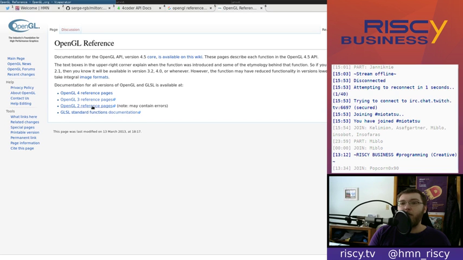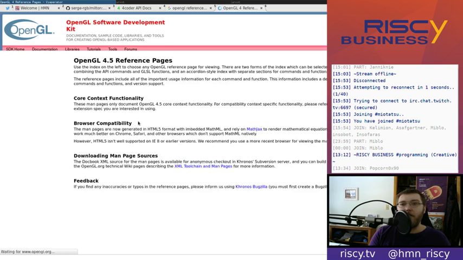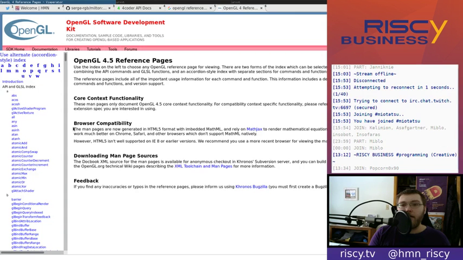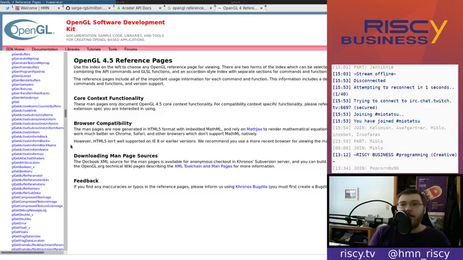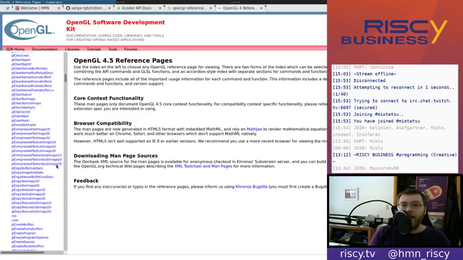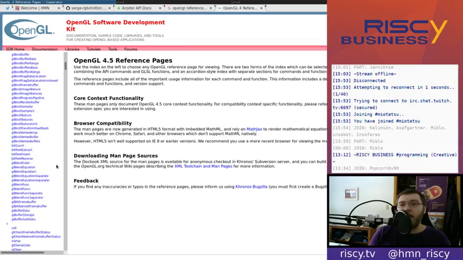I guess I also don't know what version of OpenGL we're supporting. Let's just assume OpenGL 3 or something. So yeah, this is the official documentation. That's not what I'm thinking of. I mean, if nothing else, we can use it.